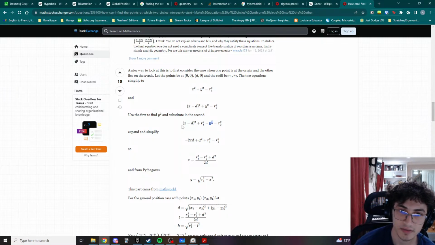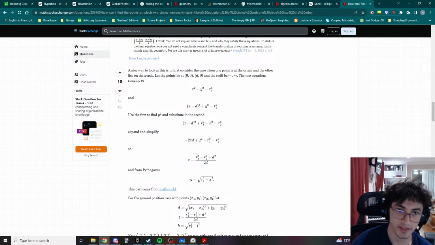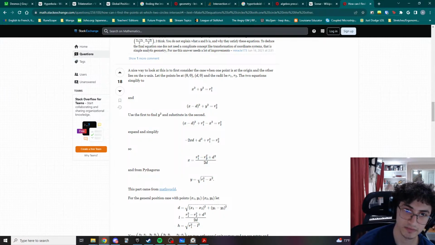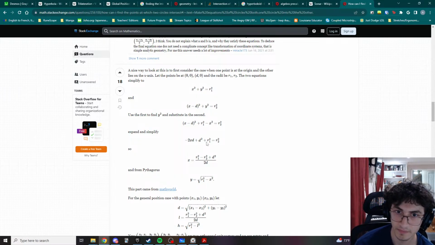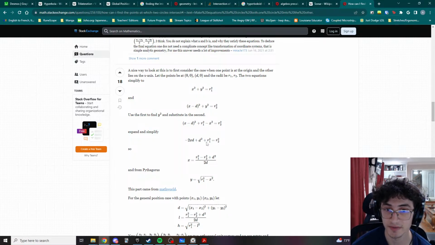Okay, and then these two will cancel out. Is equal to that. So then x is going to be equal to r2 squared minus r1 squared minus d squared, but divided by negative 2 times d. So then you just make the minus sign and you do this.